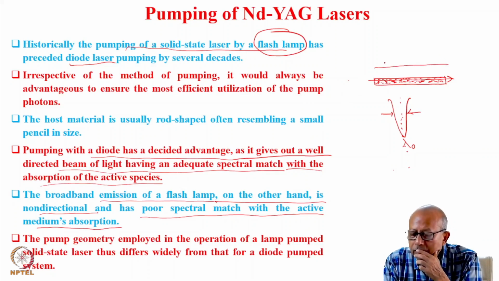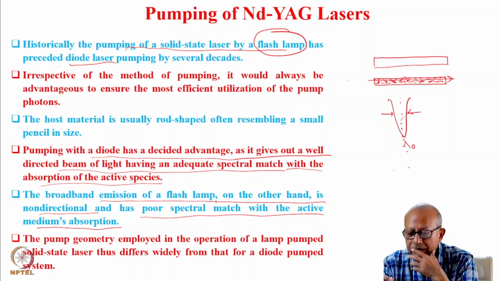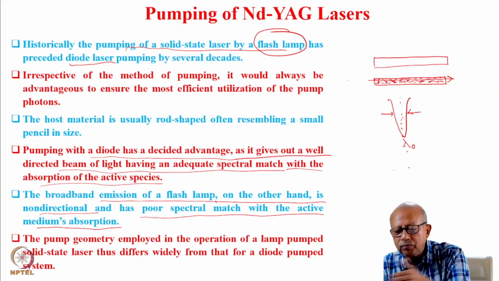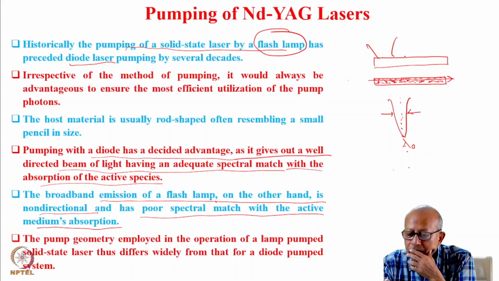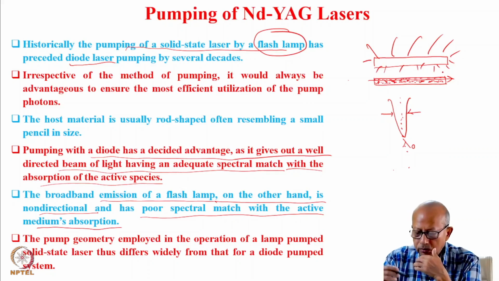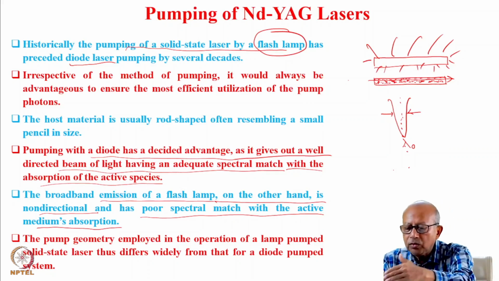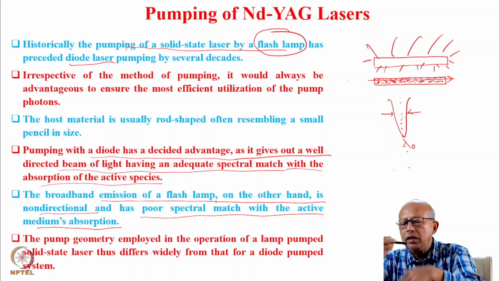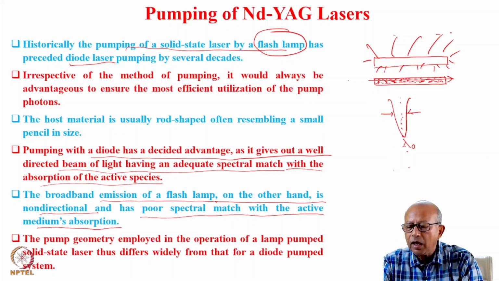We know that the flash lamp has to be used to pump through the side. It cannot be used to pump to the end. So the flash lamp will emit light in every direction, so not all the light can be utilized. And to make best use of it, you have to keep this inside a cylindrical enclosure, reflect this light and all such things.